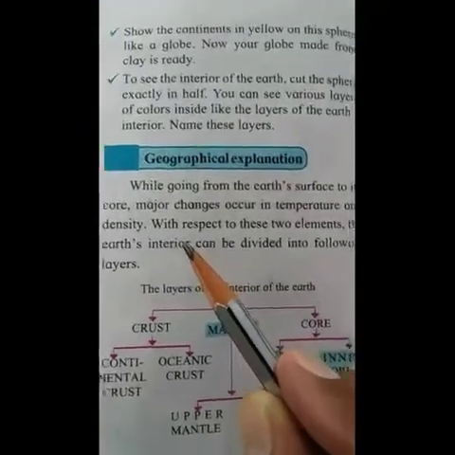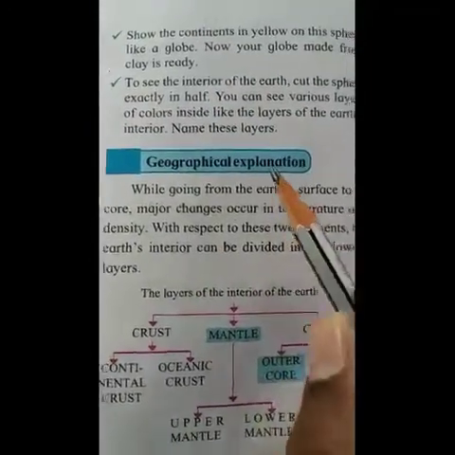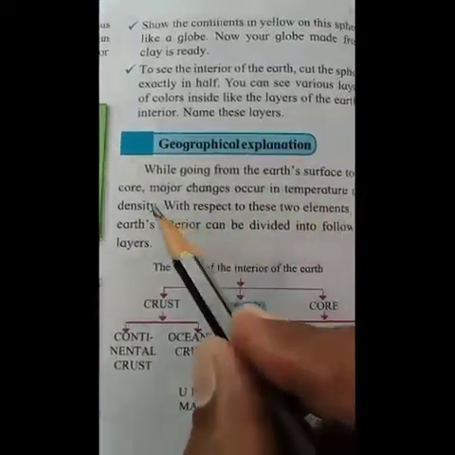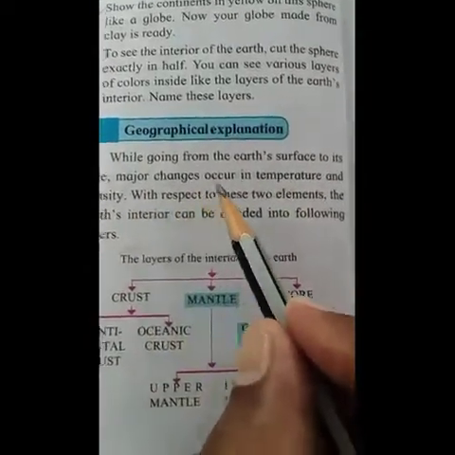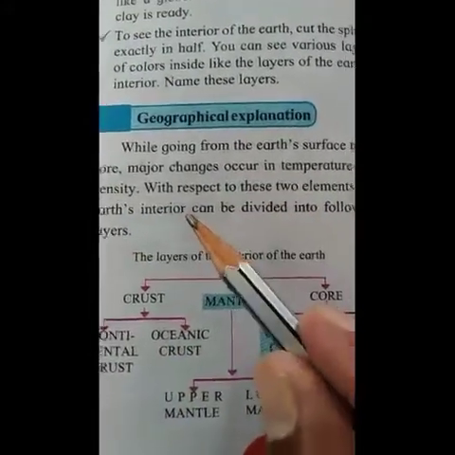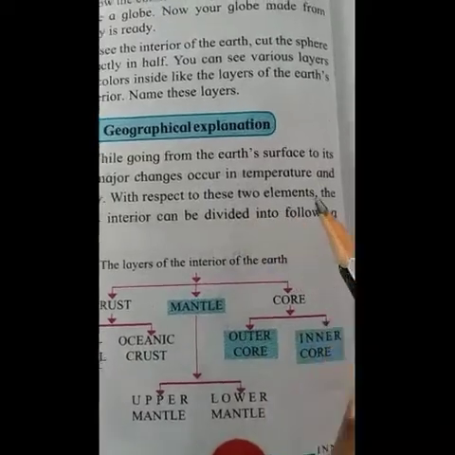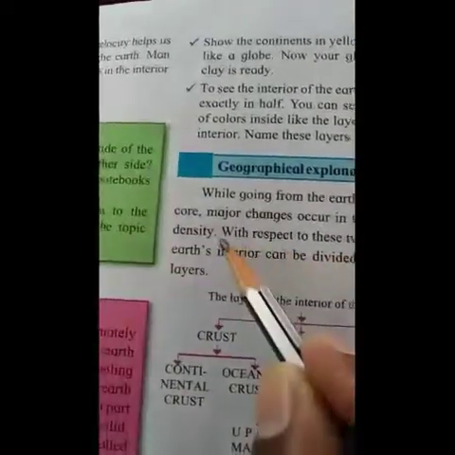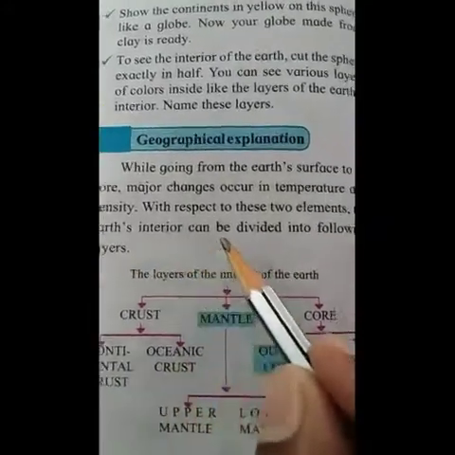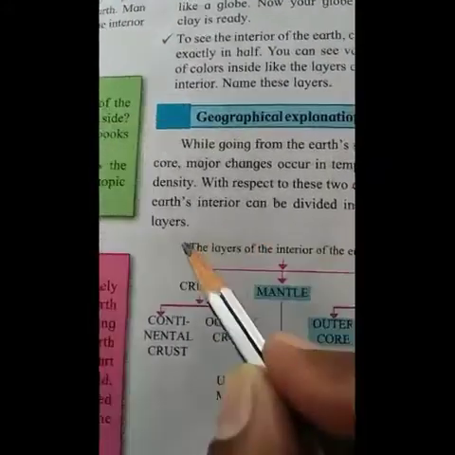And now we will see the geographical explanation. While going from the Earth's surface to its core, major changes occur in temperature and density. With respect to these two elements, temperature and density, the Earth's interior can be divided into the following layers.